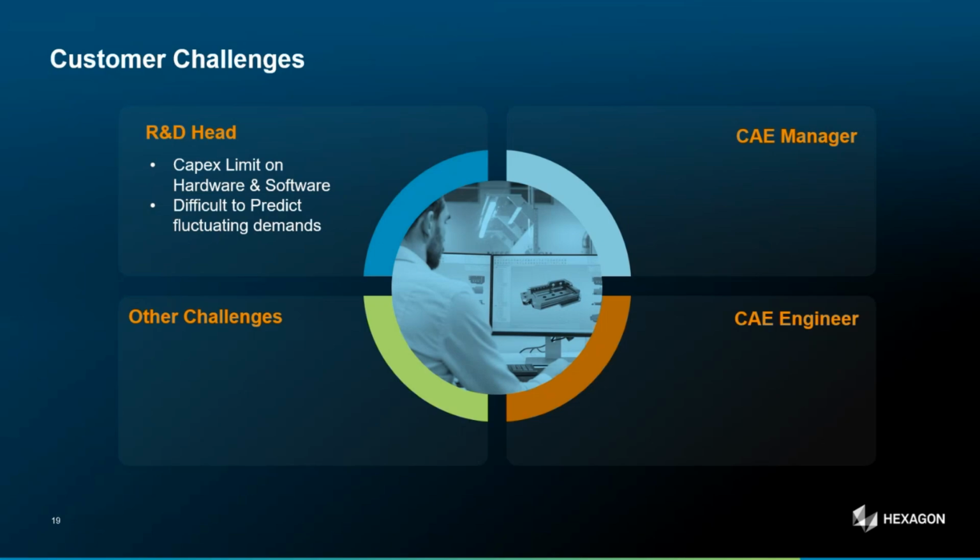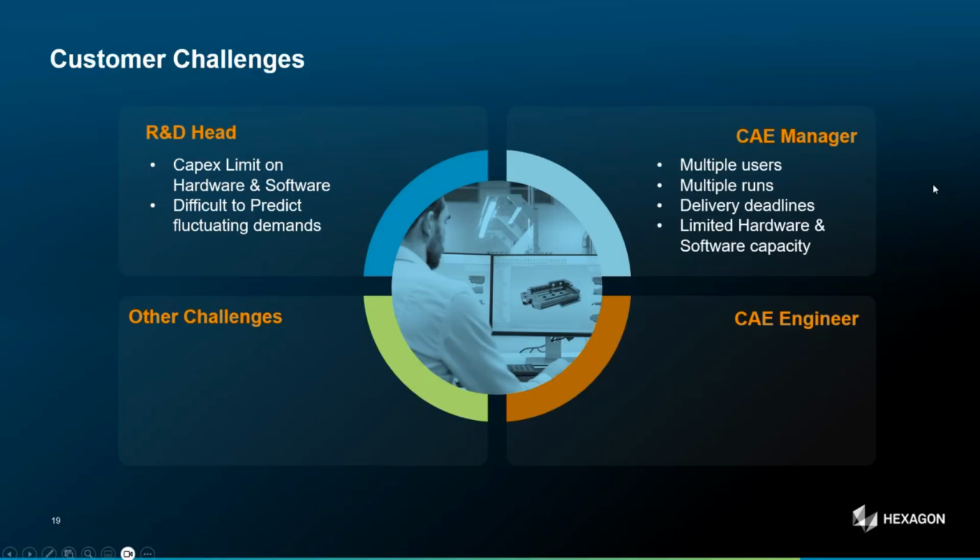And at the back end, obviously, you'll have access to the latest hardware that the system makes available to you. For the computer-aided engineering manager, that means there's access for multiple users to run their analyses, and you can deliver on time.